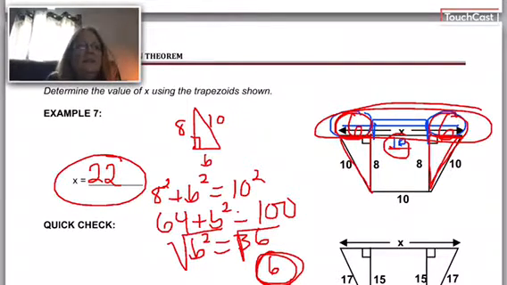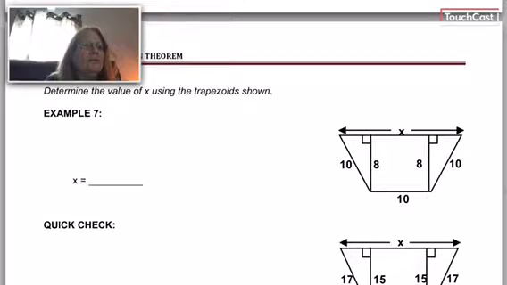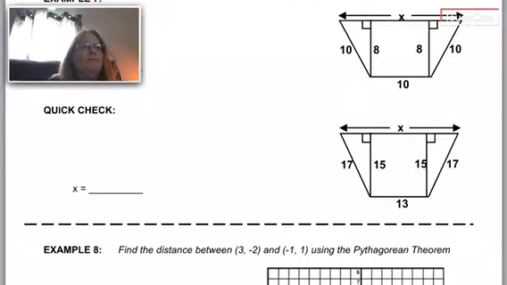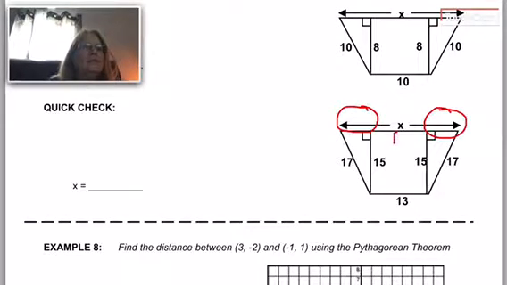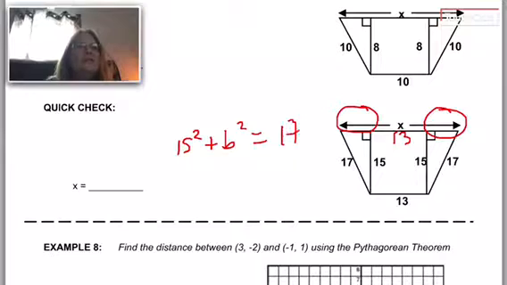So again, there's a quick check. I would ask you to please pause your video for a moment and see if you can do the quick check yourself. Hopefully you paused, and you'll see it's exactly like the last one. So we're just solving for that measurement right there. This is 13. And so it's 15 squared plus b squared is equal to 17 squared.